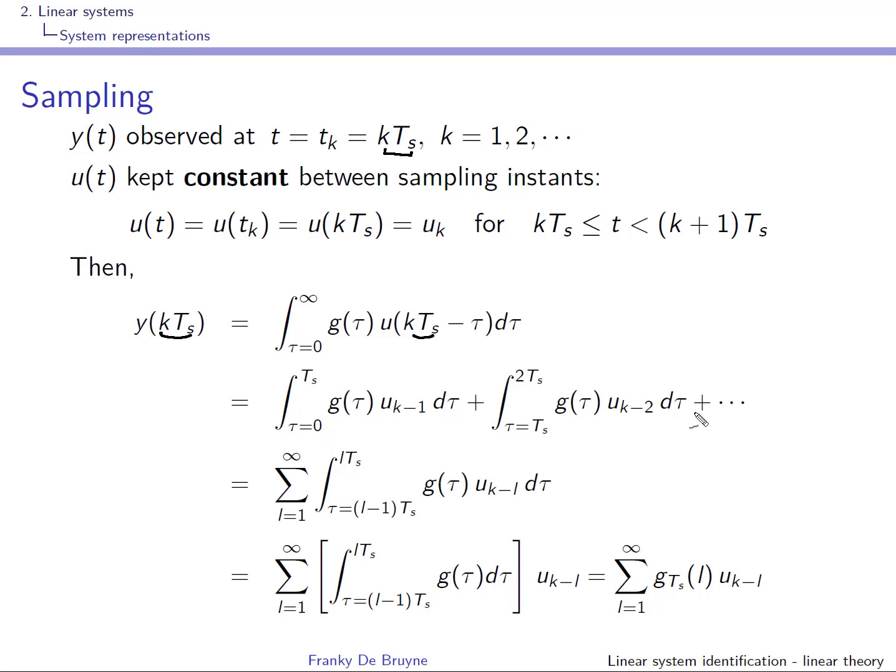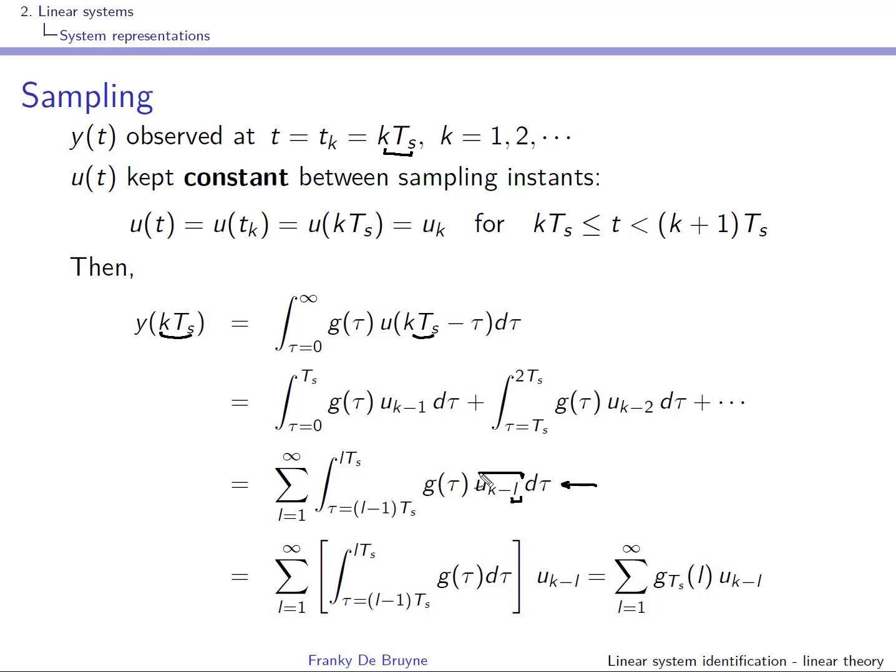So this one you can rewrite using a sum, and you can see over here that the index L goes from 1 to infinity, and inside here you have an integral that goes from (L-1)Ts. You see that when L is equal to 1, it goes from 0 to Ts. So this is just another way to write the equation that is above.